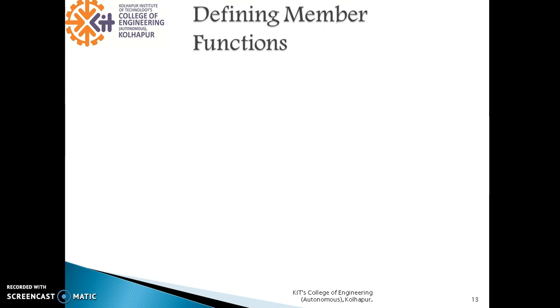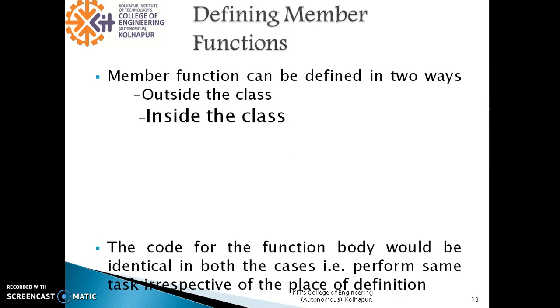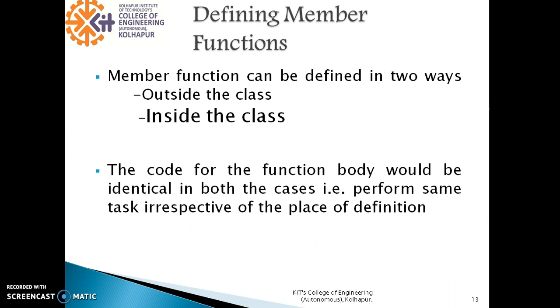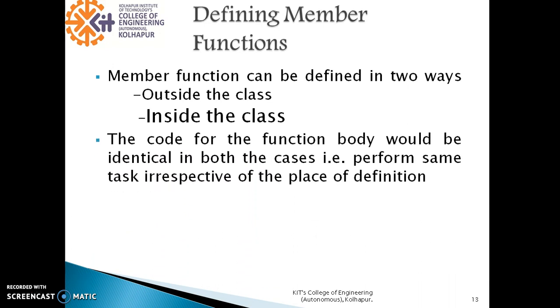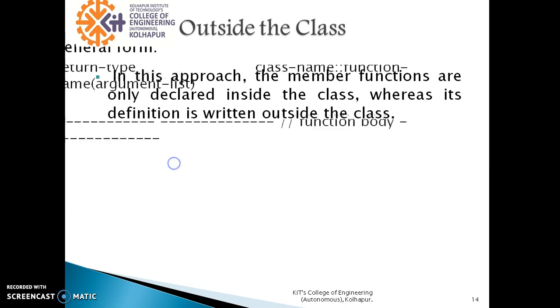Defining the member function. Member functions can be defined inside the class as well as outside the class. If you define it inside the class as well as outside the class, it is identical. It will perform the same task irrespective of where you are going to define it. Outside the class, the syntax is: the member function needs to be declared inside the class if you are going to define it outside the class.